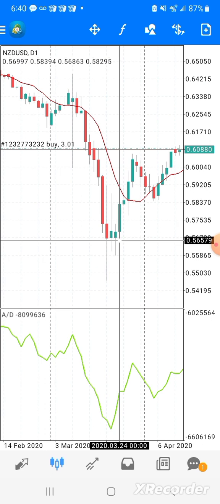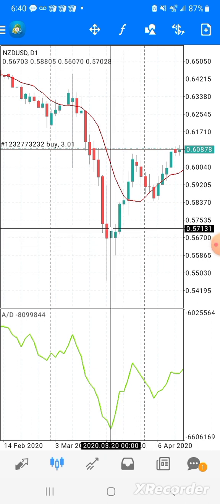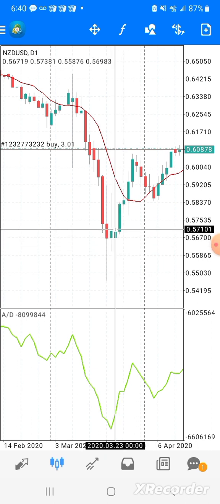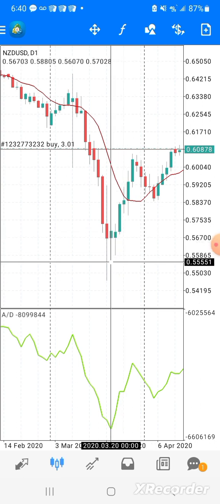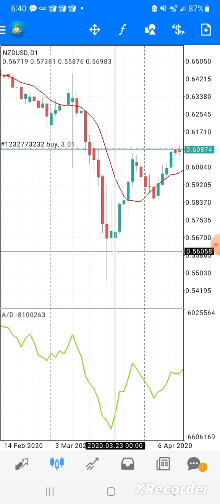Sometimes you have a little tail on the top, but preferably it doesn't have a top wick. The tail right here could definitely be right here.